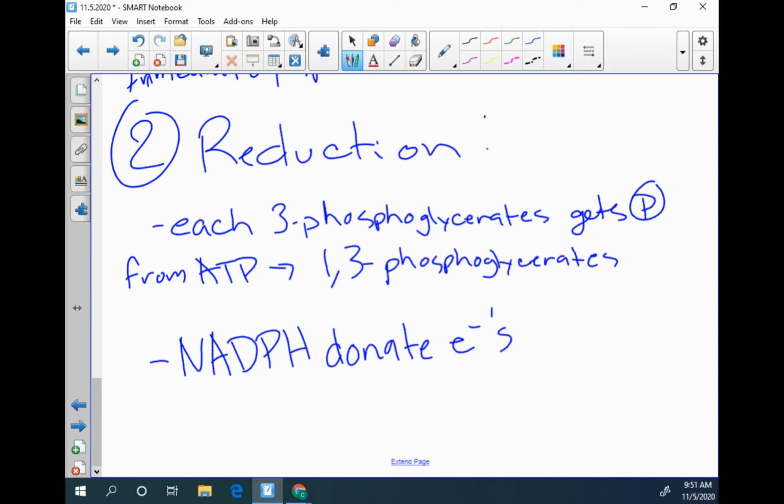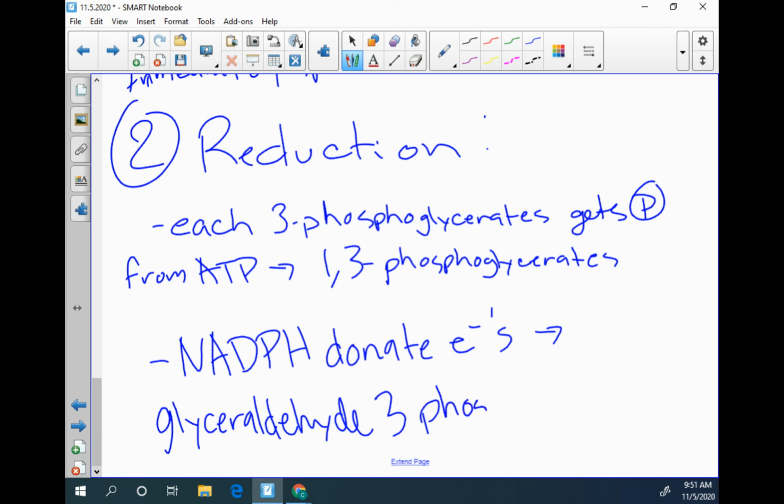And from there, we are going to get glyceraldehyde 3-phosphate. So when NADPH donates those electrons, we're going to lose a phosphate group, and we're going to get glyceraldehyde 3-phosphate.